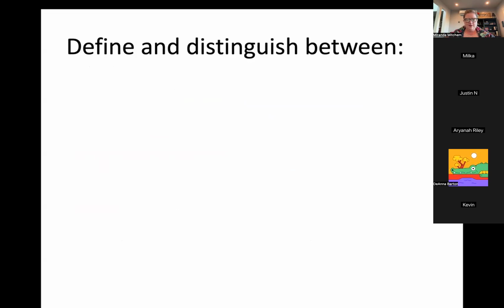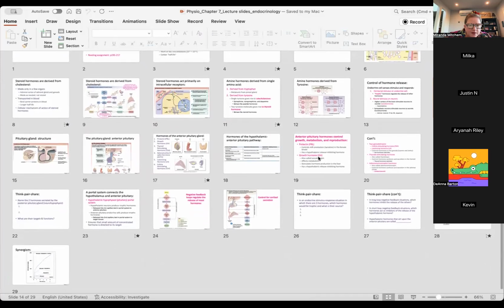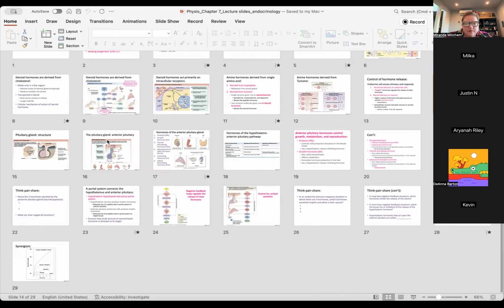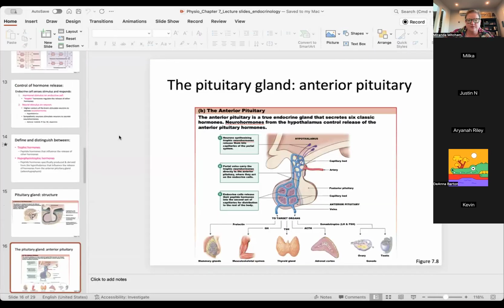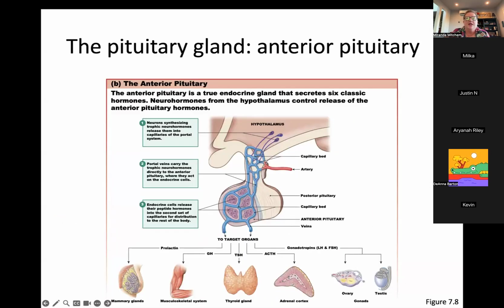Let's go to some of these pathways real quick. Okay, so this is showing us the pathway for the anterior pituitary gland, which produces 6 major hormones.